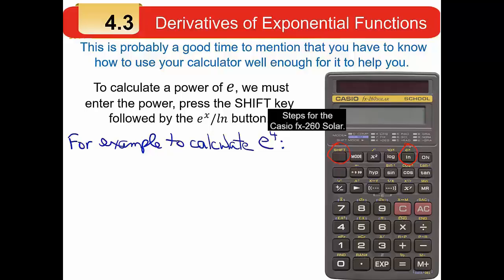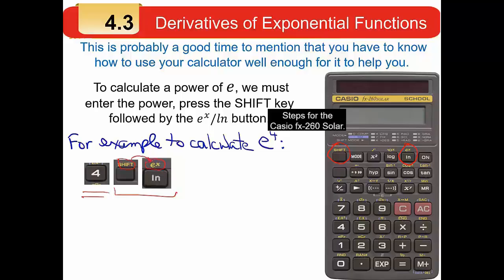So, for instance, if I wanted to calculate e to the 4th, you'd put the exponent, the power in first, the 4. I always do that first, and then do shift ln. And we're going to talk about ln. It's a natural log, and you've studied it in earlier algebra courses. But the shift part, when you hit shift, it executes the function above the key.